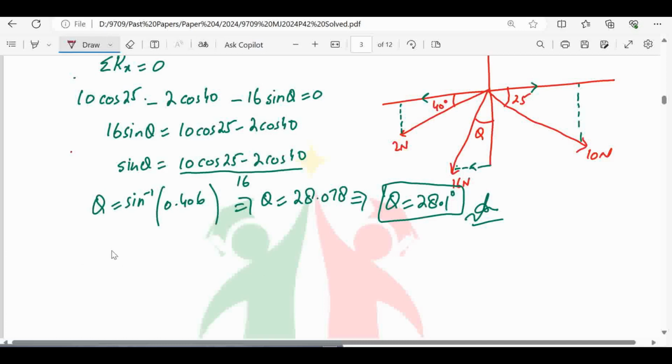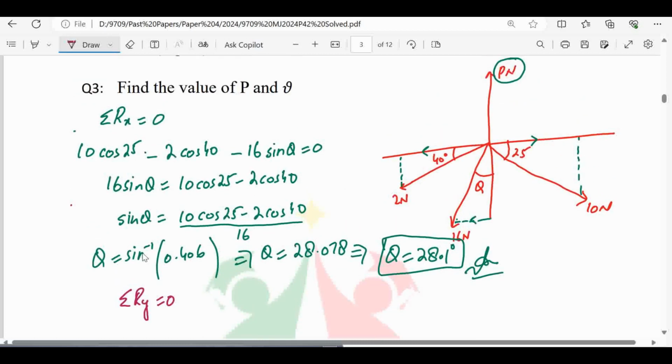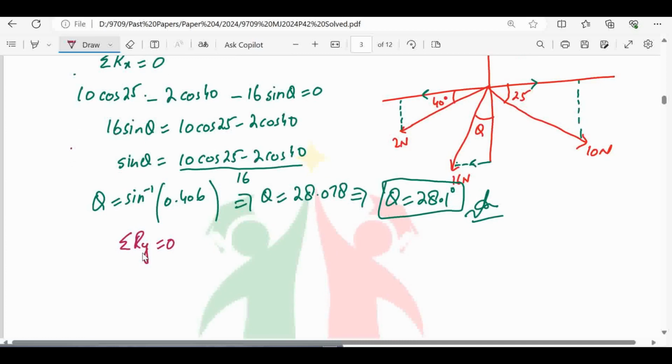So for the value of P, we have to see that the summation of Ry will be equal to 0. Vertical component, so the vertical component will be P. P is the first one because it is going upward, so we have to take it positive. So P minus 10 sine of 25, this force.